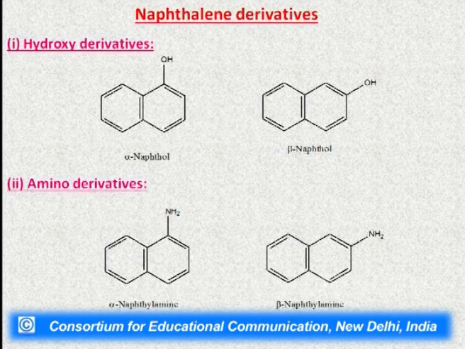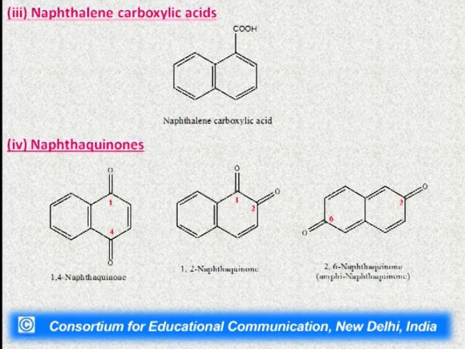The second one is amino derivative. In the amino derivative, the first one is alpha naphthylamine, in which the amino group comes at alpha position, and the second one is beta naphthylamine, in which the amino group will substitute the hydrogen at the beta position of the naphthalene hydrocarbon.